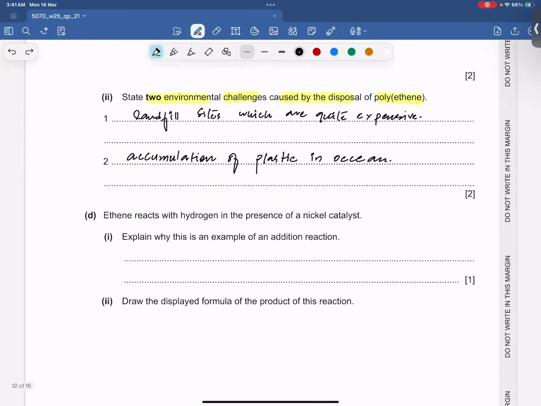Ethene reacts with hydrogen in the presence of a nickel catalyst. That reaction is called hydrogenation. All right. Explain why this is an example of an addition reaction.